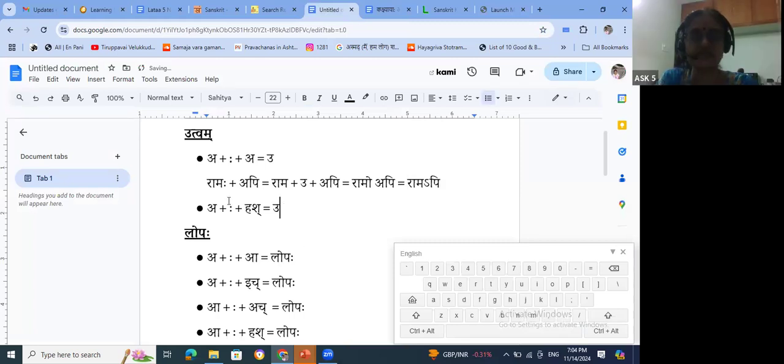So this is what happens. Ramaha api, a plus a. Then here instead of Visarga, U comes. Because of Guna, it becomes Ramo api. And then because of Purva Rupa, it becomes Ramo 'pi. Sorry, typing mistake.